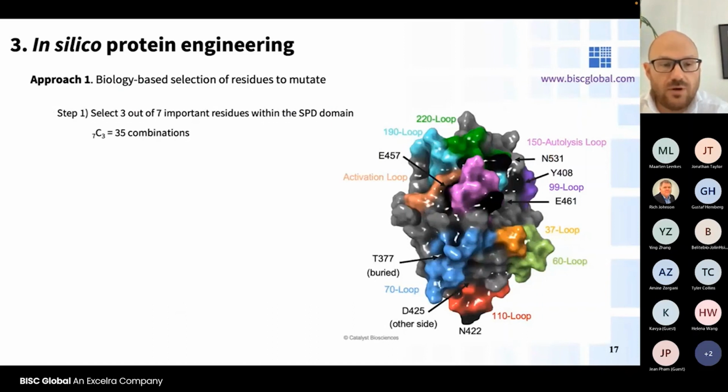So we've done both. So with approach one, we look at the 3D structure, we identify an interesting domain, and we look at the potential combinations around the residues the client knew about. So we basically only add additional information by utilizing the 3D structure of the protein.